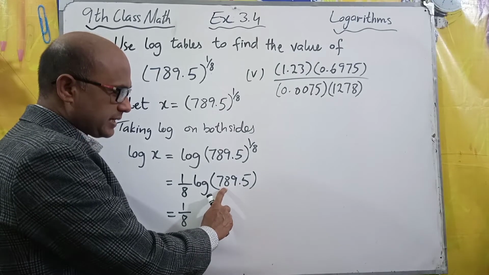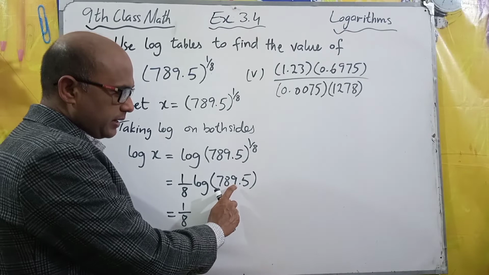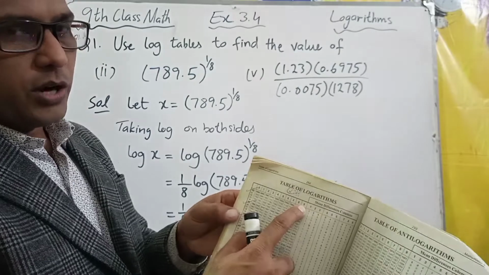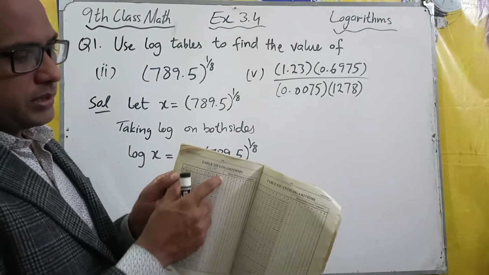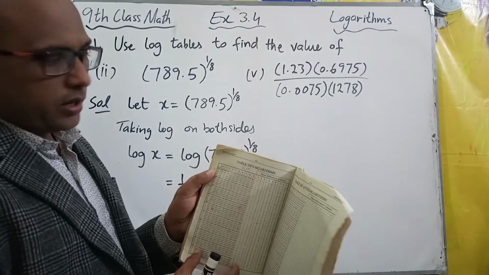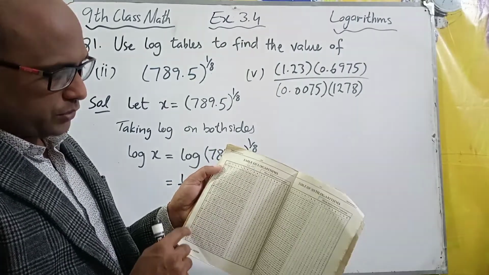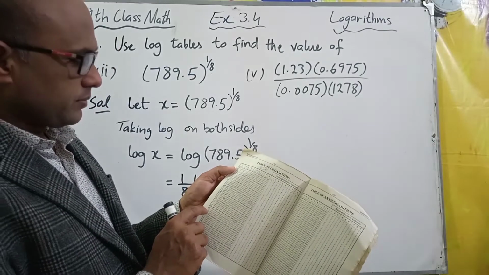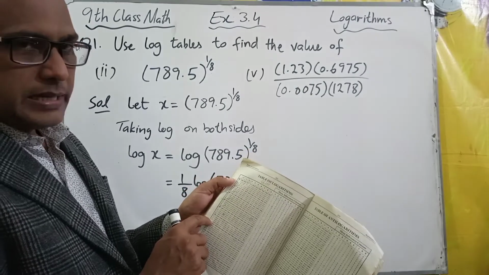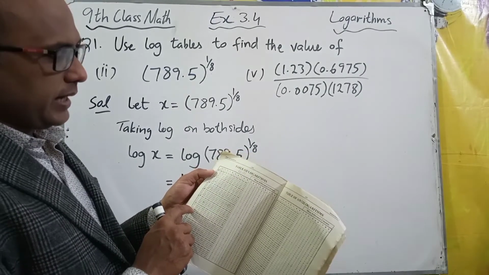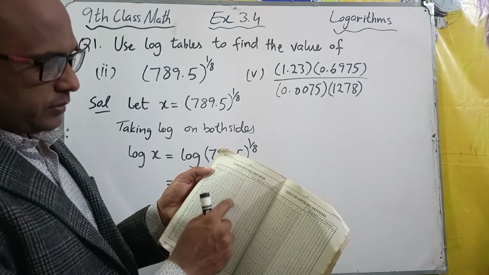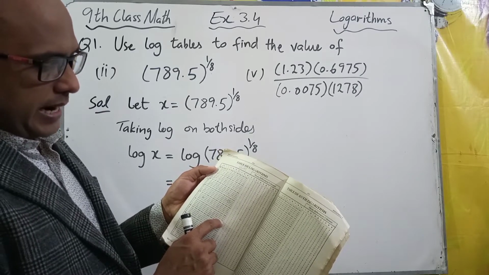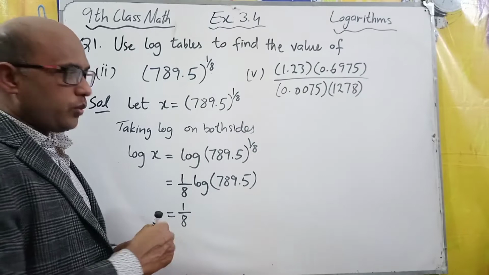We have to check 78 in 9 column. There are 9 columns in this table, logarithm table. So we have to see row of 78. It is here. 78, we have to see it in the column of number 9. 78 and number 9. It is 89 and 71.